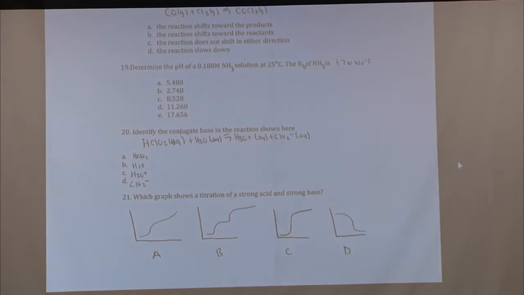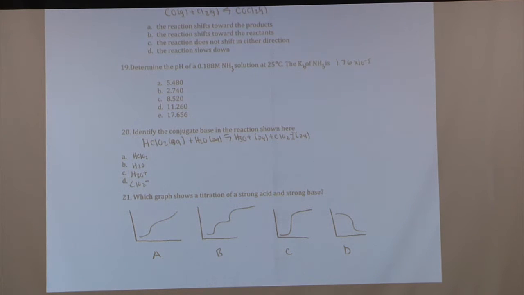Yeah, good. They donate a hydrogen. So we're going to look at which one's donating the hydrogen. And that looks like HClO2. So HClO2 is going to donate this hydrogen, and that's why it's left with ClO2 minus. So here would be the acid, making ClO2 minus the conjugate base.